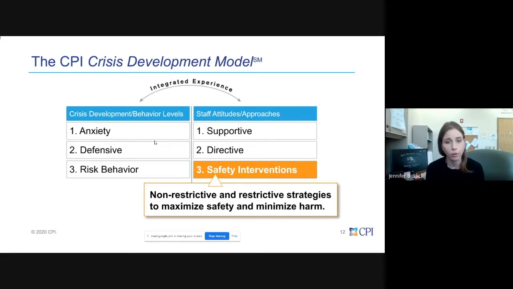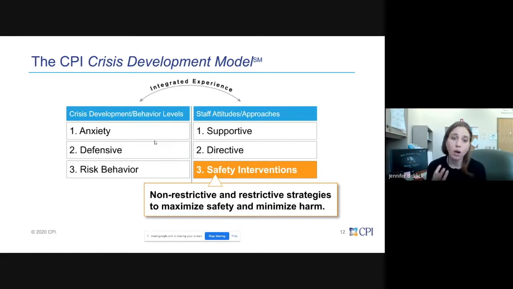So these restrictive interventions are our last line of intervention, our most restrictive intervention in all the different strategies that we have in our toolbox.